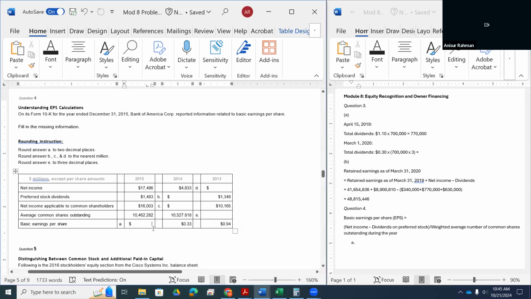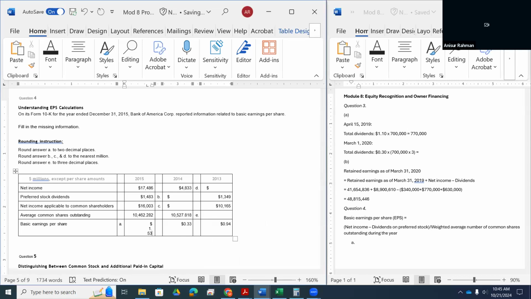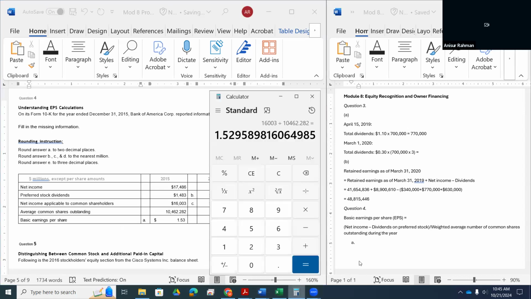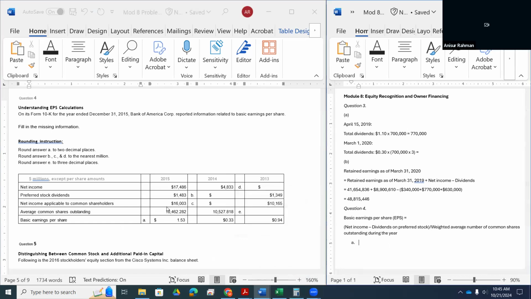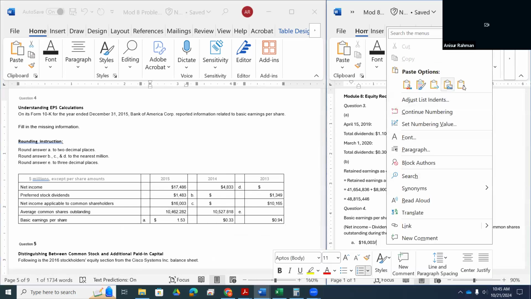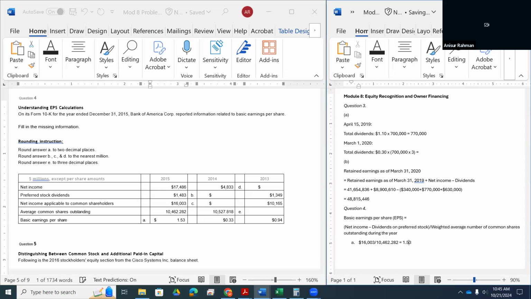So again, all we did was we took this amount and then divided by average common shares outstanding, which is 1.53.